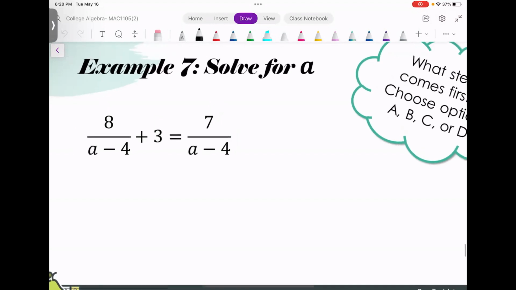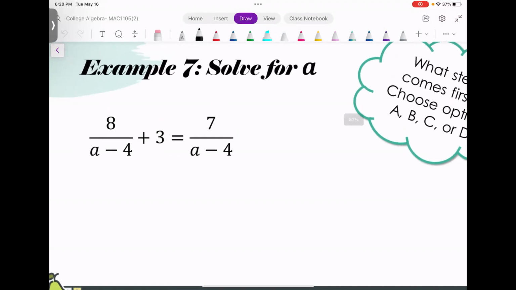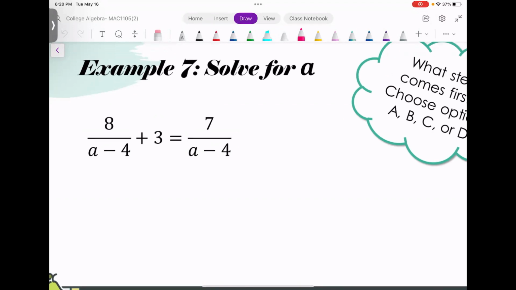All right, anyway. So I see that I have a denominator of a minus 4. I'm going to multiply every single term, including the 3, by a minus 4. When I multiply a single term by a fraction, the multiplication happens with the numerator.